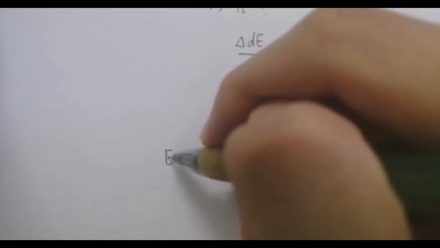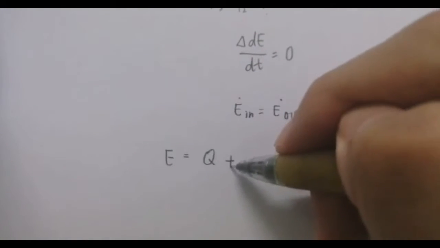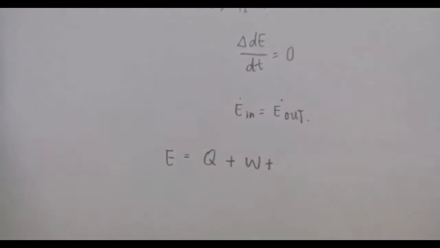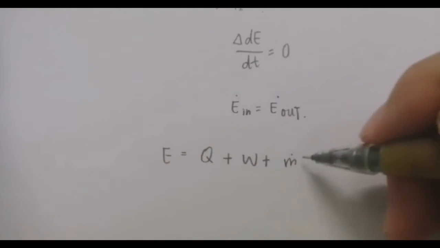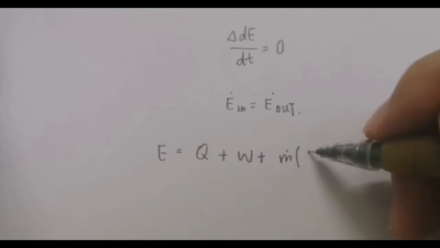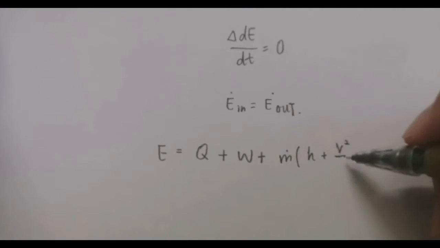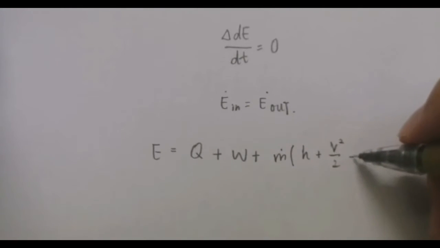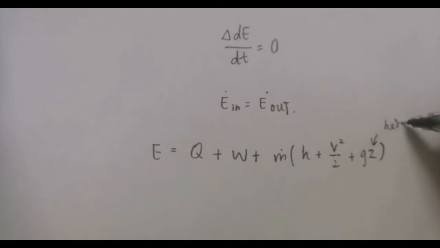Energy, we have the formula of heat transfer plus work done plus internal energy, which is enthalpy change, changes in kinetic energy and potential energy. Now we're using the formula mass flow rate multiplied by enthalpy plus velocity squared divided by 2 plus gz. Z here is equal to height.